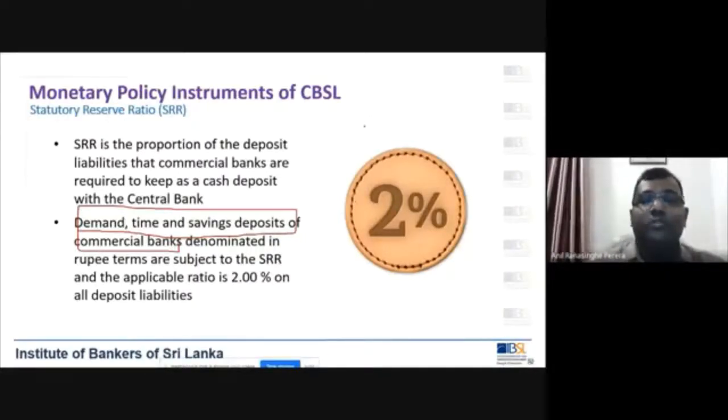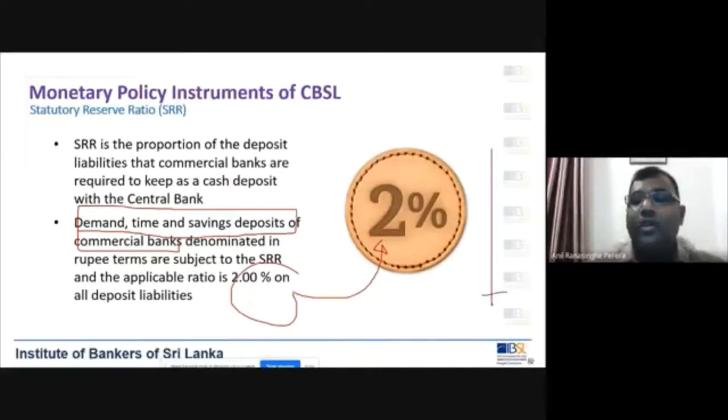Which means for every 100 rupees, the commercial bank should keep 2 rupees at the central bank. Now currently it is 2 rupees because the central bank has reduced it to a low level, because when you reduce it, you inject money into the economy.